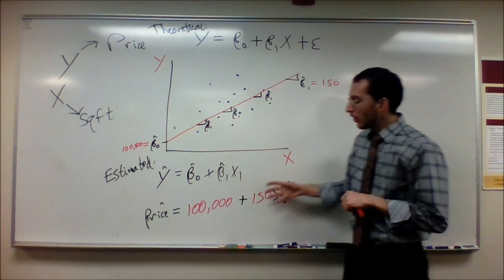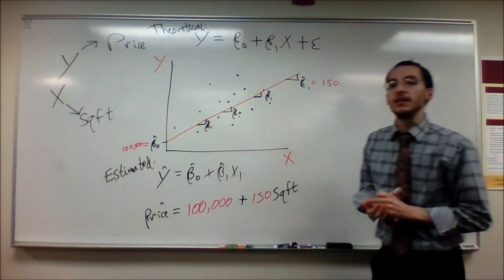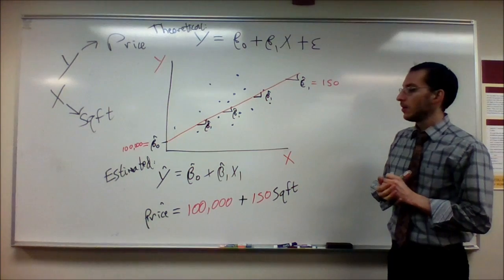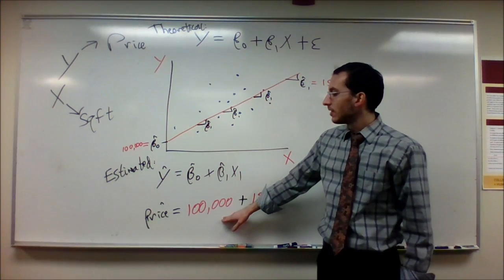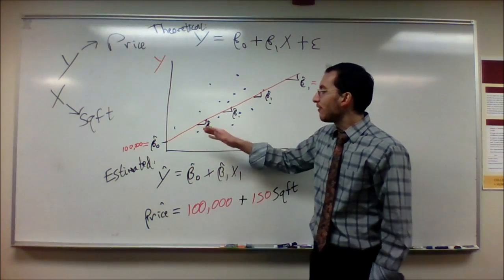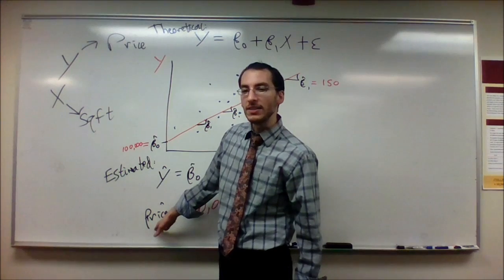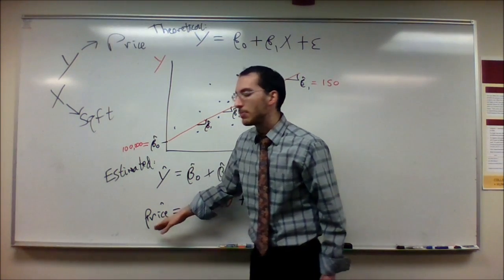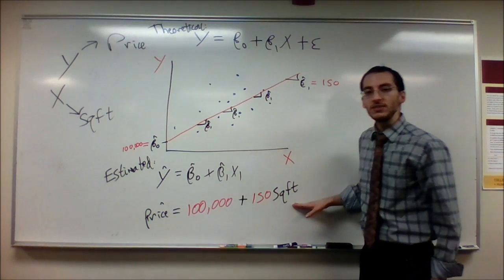So there's some important things here. What does this 100,000 mean? What this $100,000 means is that it is the predicted average price when square feet is 0.